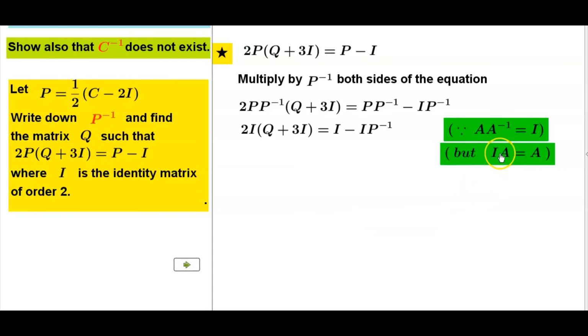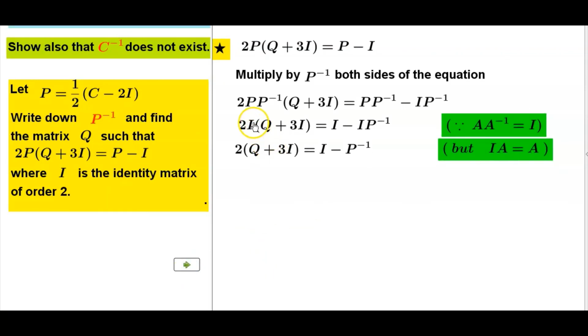But we know that an identity matrix into any matrix, that means IA is equal to A. Therefore, we get 2 into Q plus 3I is equal to I minus, by this technique IA is equal to A, therefore I P inverse is equal to P inverse.